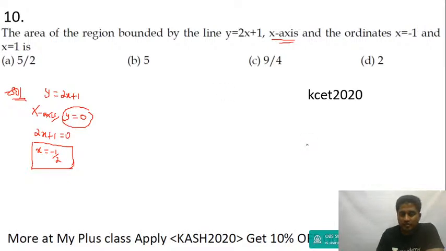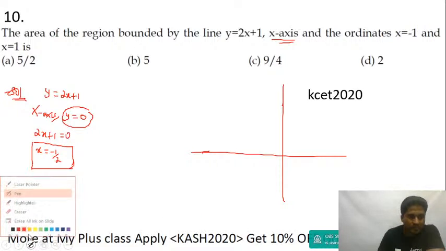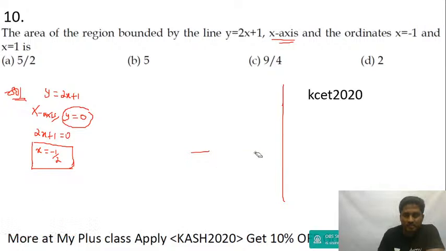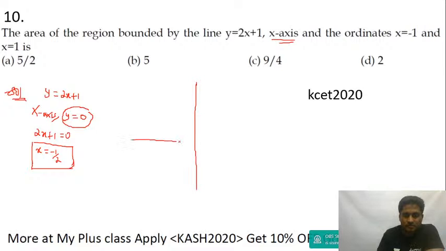Now let me plot the graph for this. You get a line which will pass through minus half comma 0.